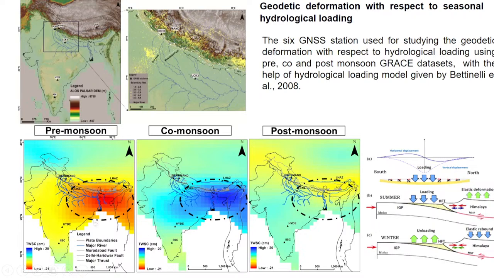You can see that in the pre-monsoon the mass load is less, in the monsoon the mass load is more, and in the post-monsoon the mass has significantly reduced, but it is still more than the pre-monsoon. This anomaly clearly indicates a significant contribution to the ongoing crustal deformation in the Himalayan tectonics.